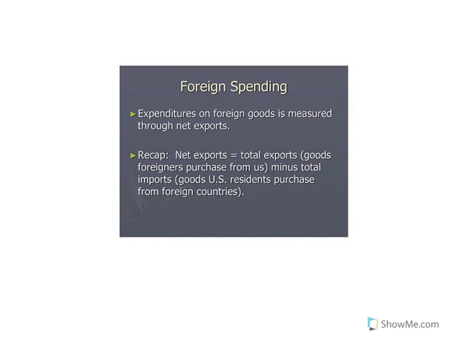And then the last sector that we include in GDP as expenditures would obviously be the international sector. And the way that we measure that is through the value of our net exports. So we take the total value of goods that other countries buy from us, which is our exports, and then we subtract out the total value of goods that we purchase from other countries, and that would be our imports.